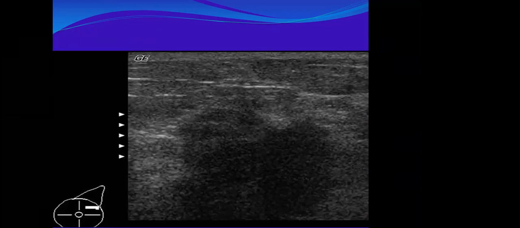So from this lesion, which is deep, I will go for BI-RADS 5 or 4C for biopsy. I'll go for 4C.